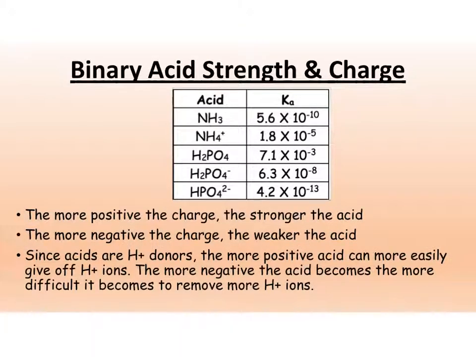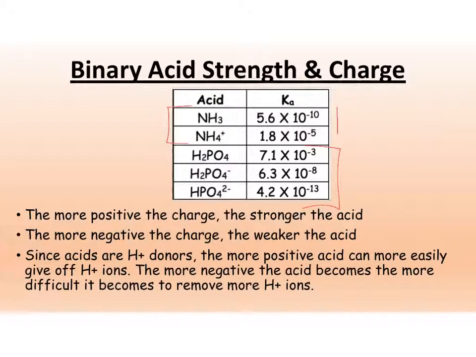Okay, and the last thing in terms of binary acid strength is going to be charge. So when I look at this chart, I like to separate the data based on the 2 different families we have going on here. So we got NH3 and NH4 plus.